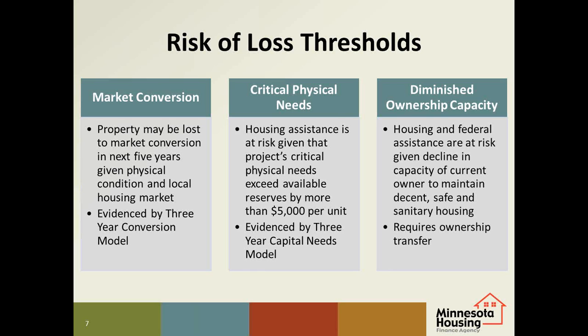Diminished owner capacity risk is when the housing and the federal assistance are at risk given a decline in the capacity of the current owner to maintain the housing as decent, safe, and sanitary. An ownership transfer is required. This is evidenced by documentation of foreclosure action, ongoing lack of compliance with lenders or terms of federal assistance, bankruptcy, insolvency, unpaid taxes and utilities, and other adverse conditions.